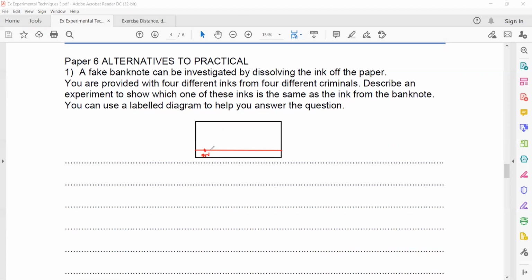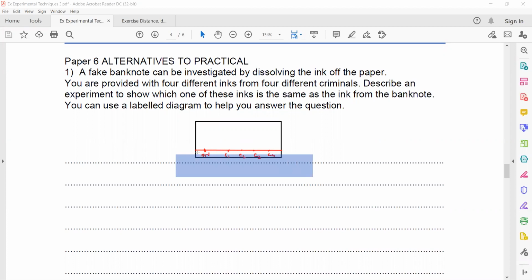Then we have inks from 4 different criminals, for example C1, C2, C3 and C4. Then we will use a suitable solvent which can dissolve these inks.